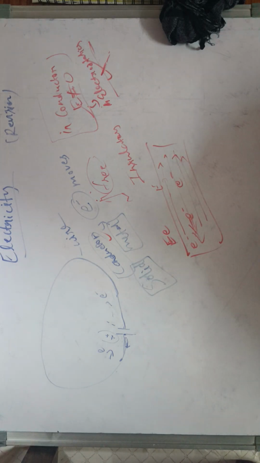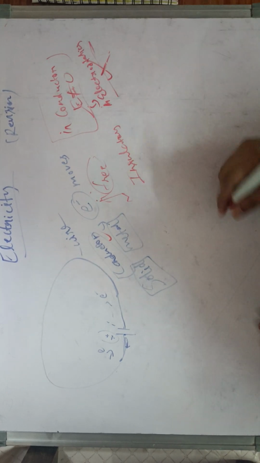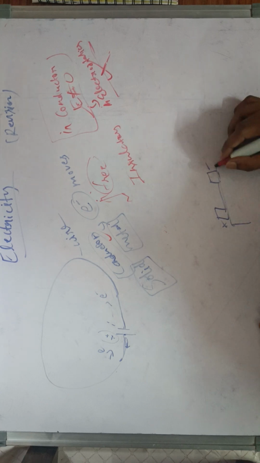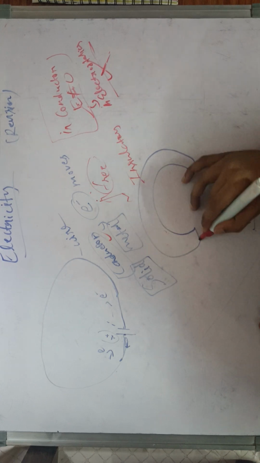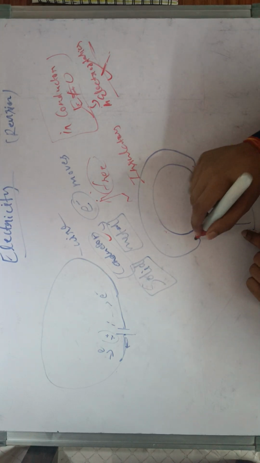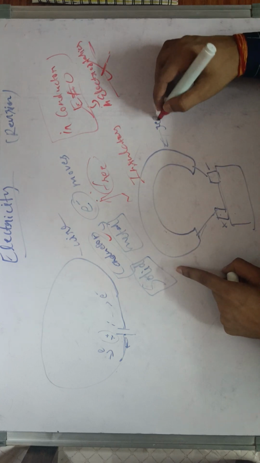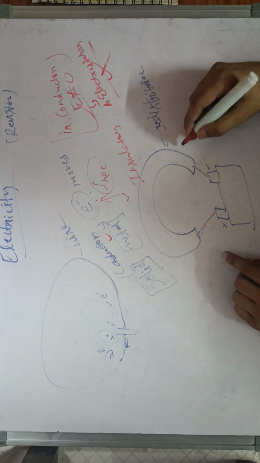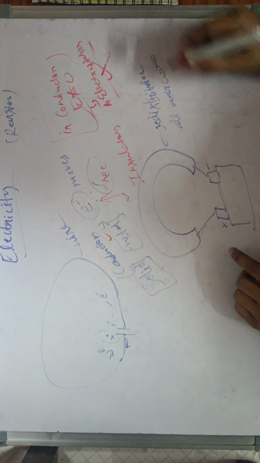And in the case of a very long wire which we connect to a battery with a positive terminal and a negative terminal, the positive charge starts distributing. There is a redistribution of charge all over the wire.